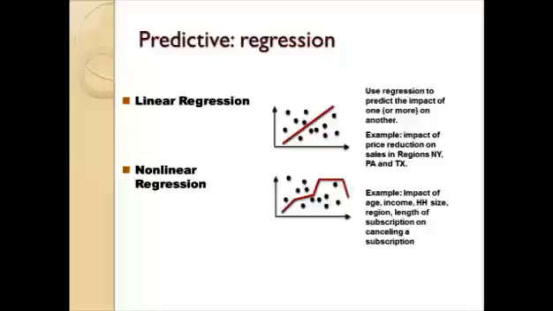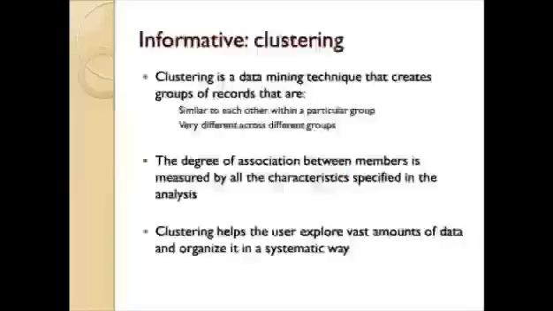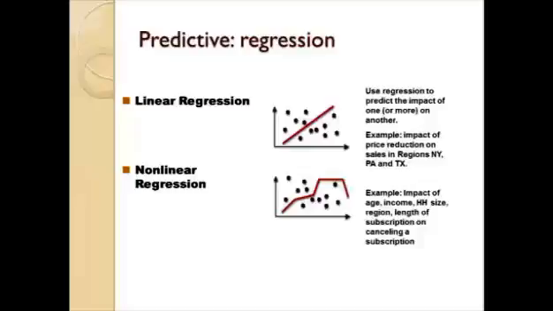Then with nonlinear regression, we have several input variables, and the regression line is not a straight line, but still we can try to predict what would happen given the changes in age, income, household size, and so on. How would those factors impact our subscriptions? That's nonlinear regression, which is the second predictive method that a company can use in data mining.